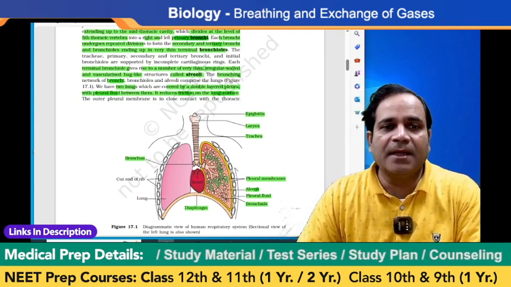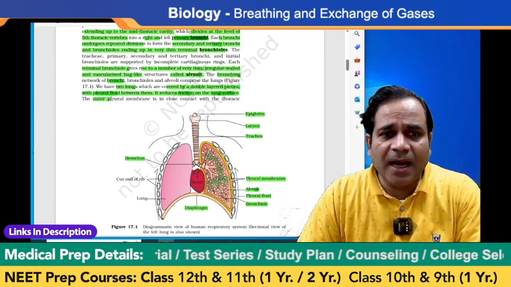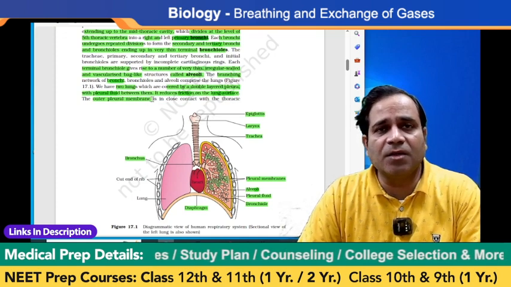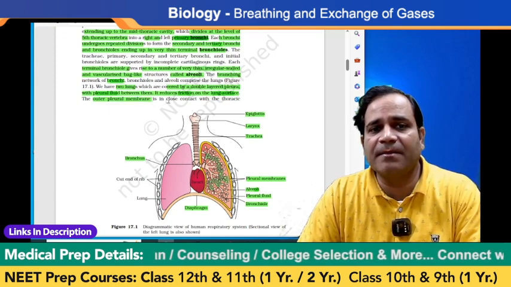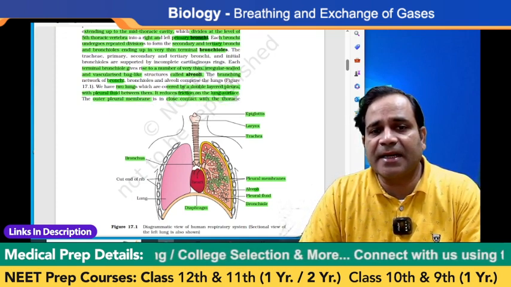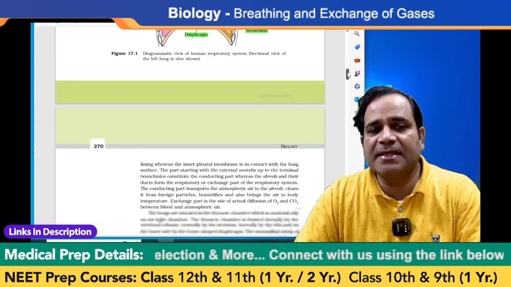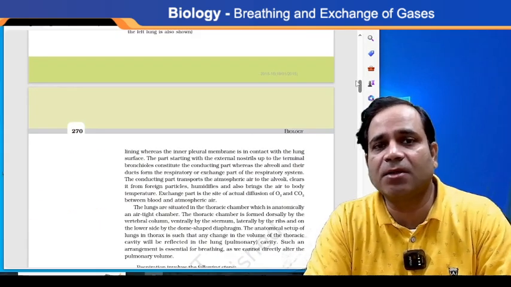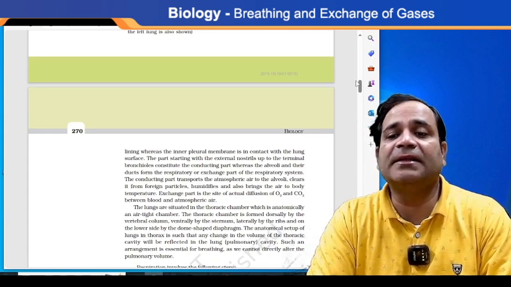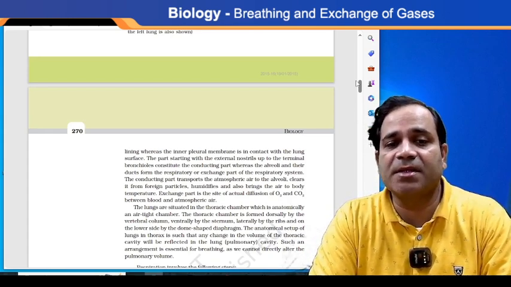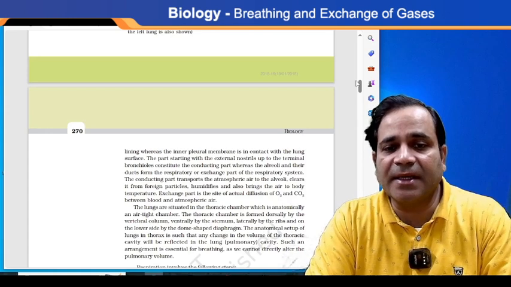Very good. Now the question is here, the outer pleural membrane. They are double-layered membranes, and the outer pleural membrane is in close contact with the thorax. Now the question is, what is responsible for the exchange of gases?